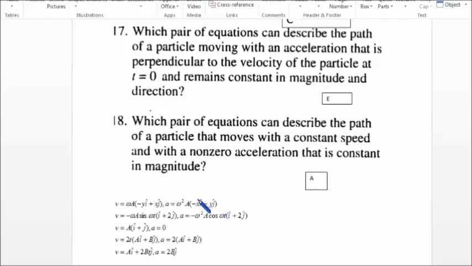Now if you look at this, here we have x, where a is the amplitude.